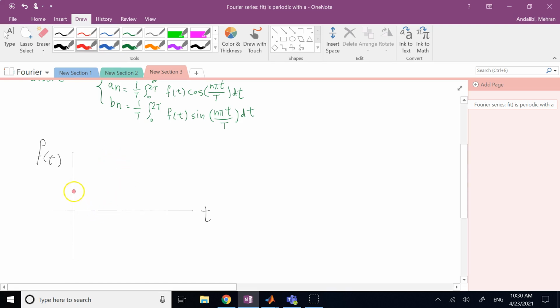So this function is some number, let's say 2 here, then it drops to the negative of that number, and then goes back to the same level and keeps repeating itself.